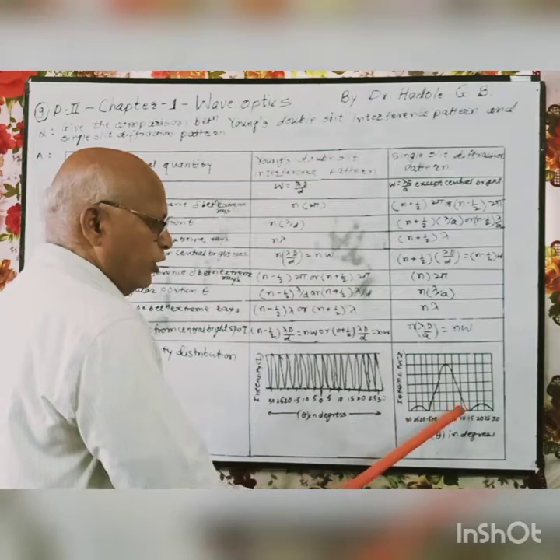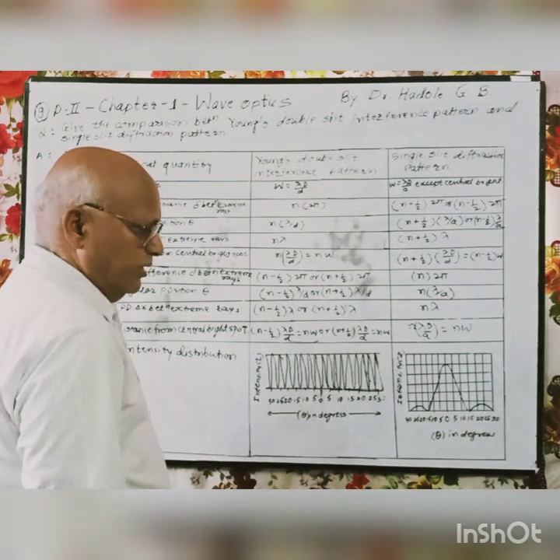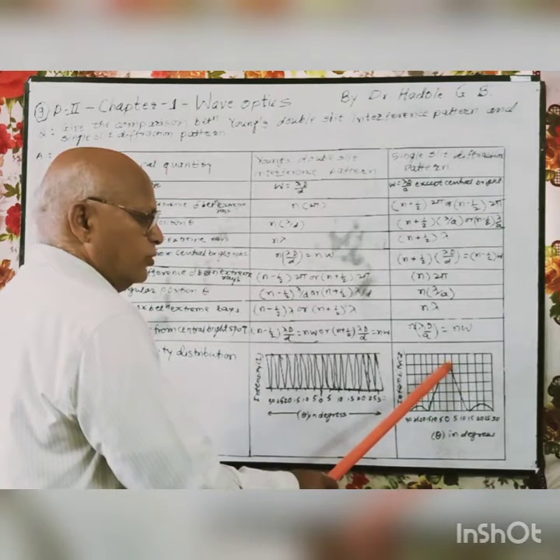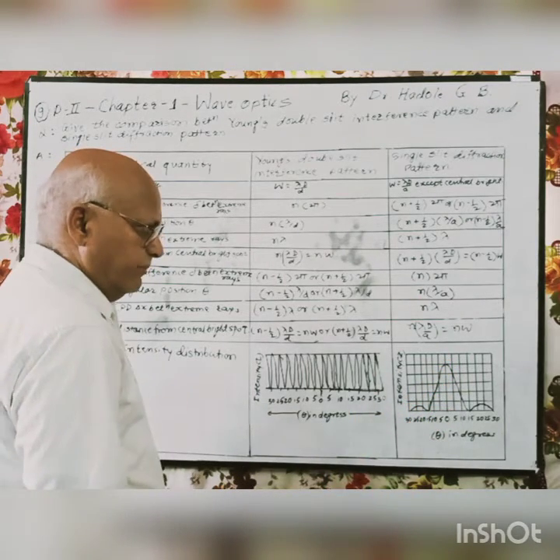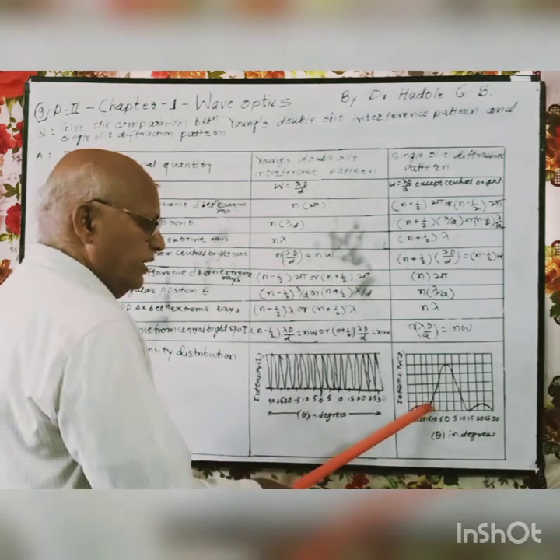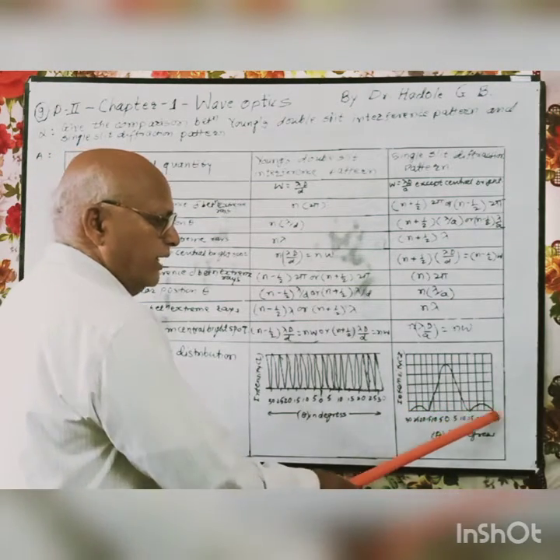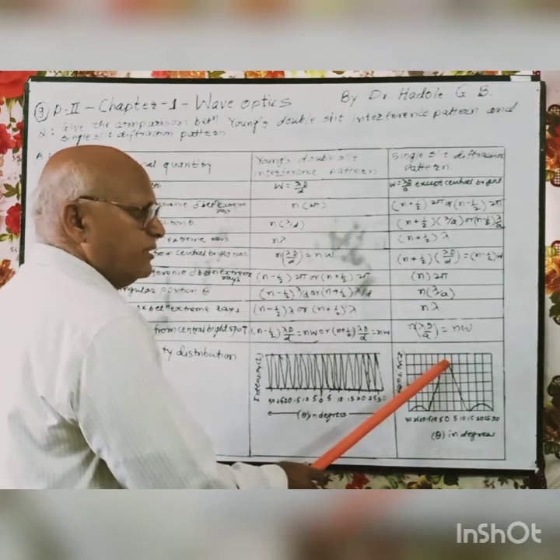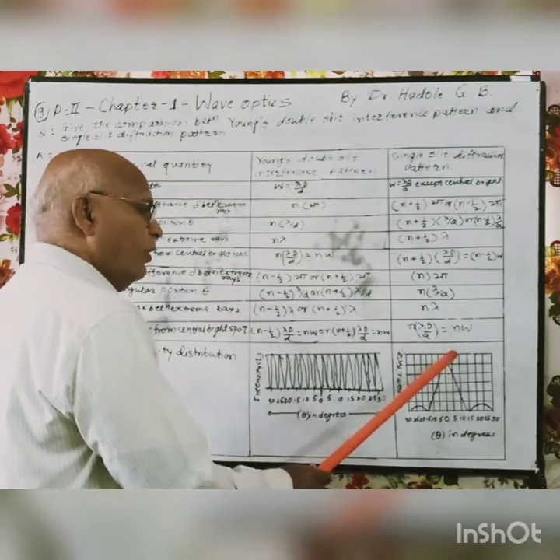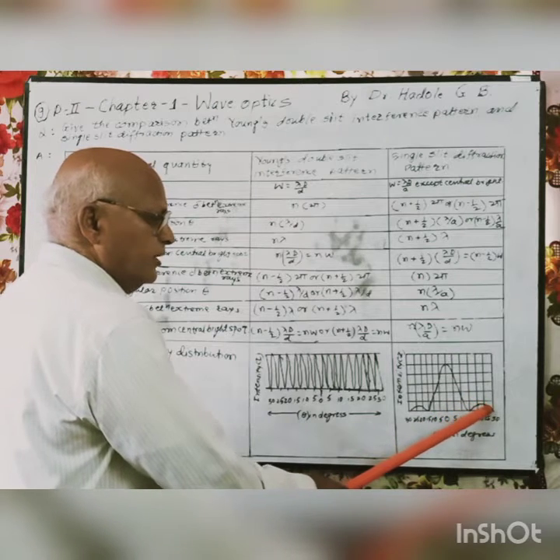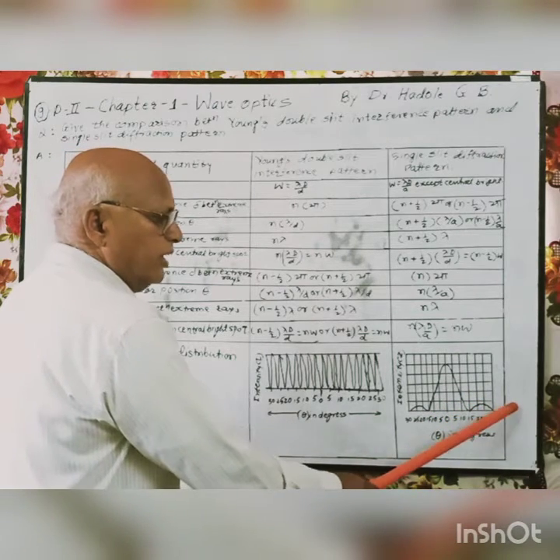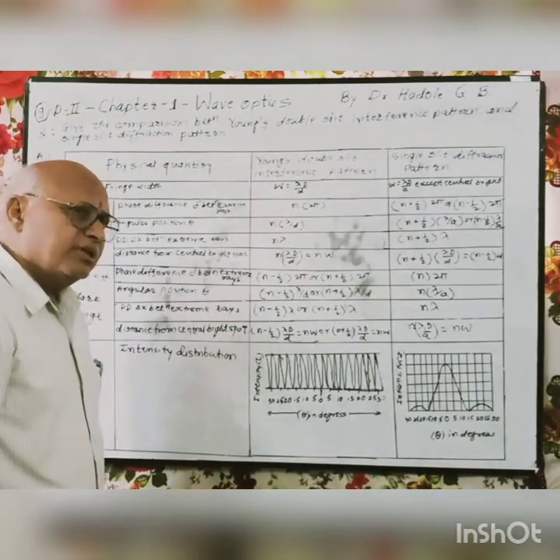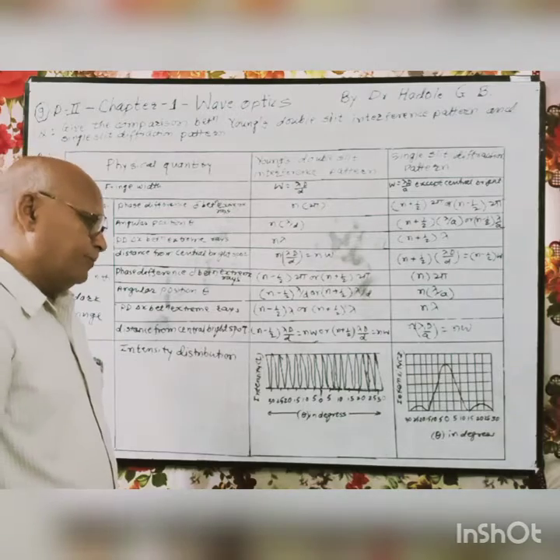Here these are the points of the first minimum. This is the central bright point, also called the central maximum. The intensity decreases for the next peaks, and further it will have less intensity on both sides.